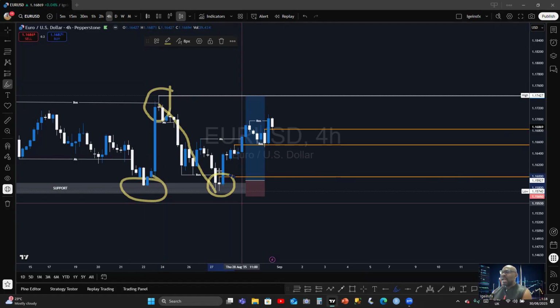And when it happens at the bottom, at the support level, where buyers will wait, this is a level where buyers were waiting for price. And when price got here, it respected this level, and it gave us this formation.